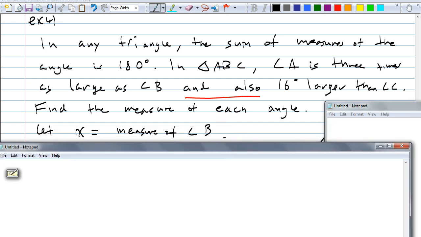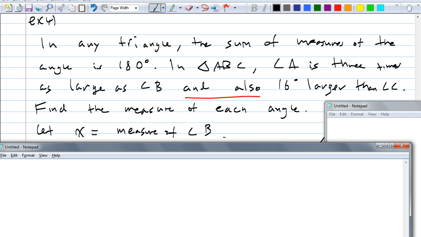So B is larger than C. I'm sorry, A is larger than C. Okay, so watch this. If we let x be the measure of B, then what do we know about angle A? What did they say? A is what?